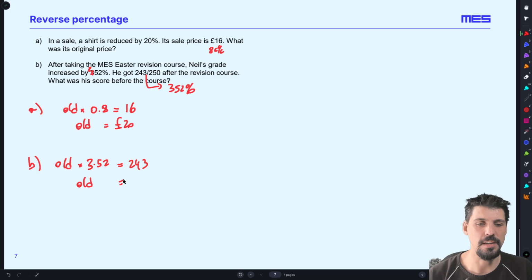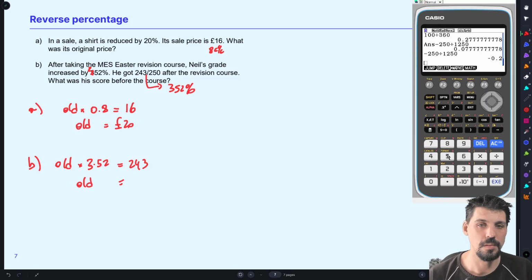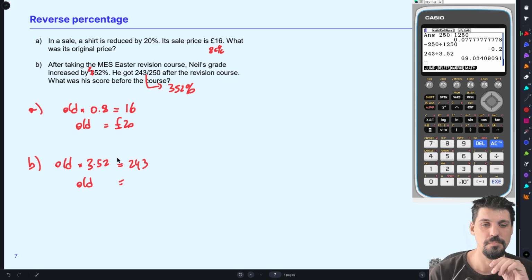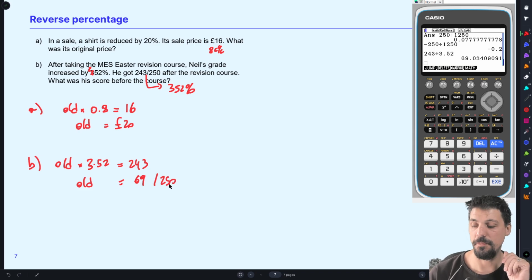So his old grade is 69 marks out of 250. So there we go. Slight little change there to make the number more feasible. And that is our crash course in percentages.